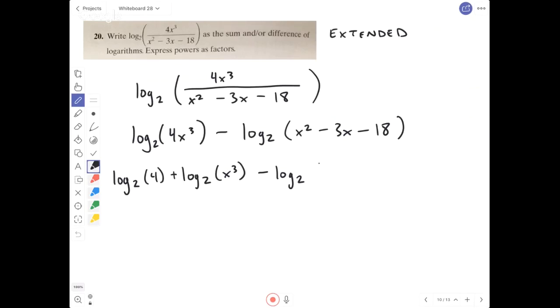Let's see, can I factor that? I think that factors to x minus 6, x plus 3.